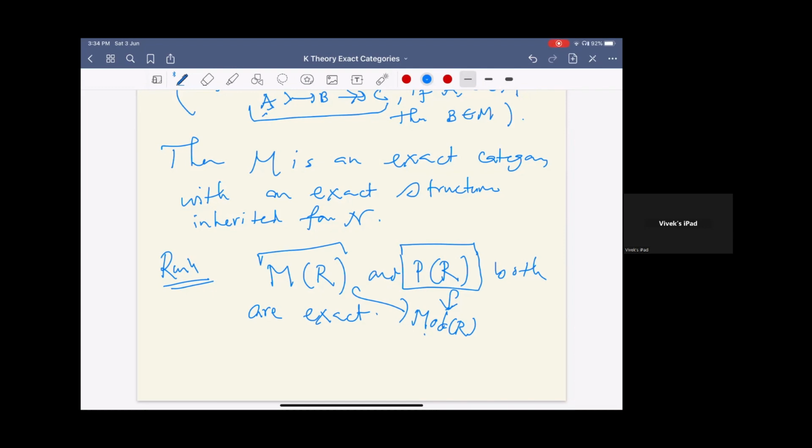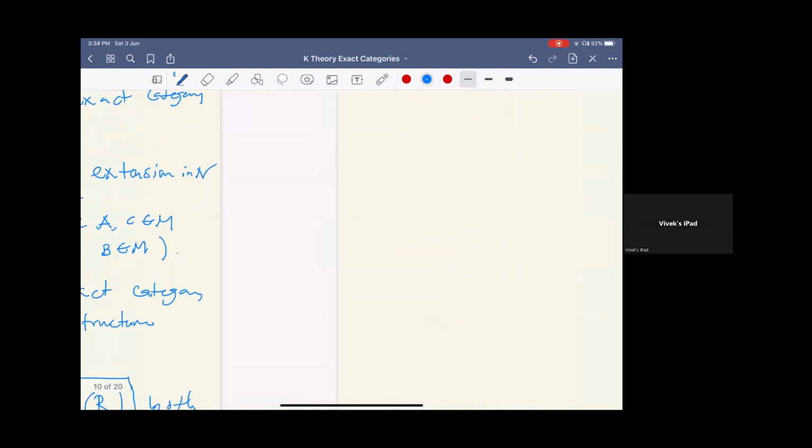All right. Now that we have exact categories, we can consider the K theory of an exact category. So what is the K theory of an exact category?